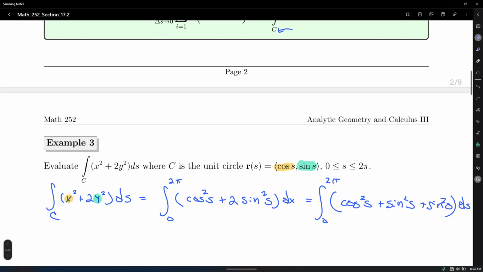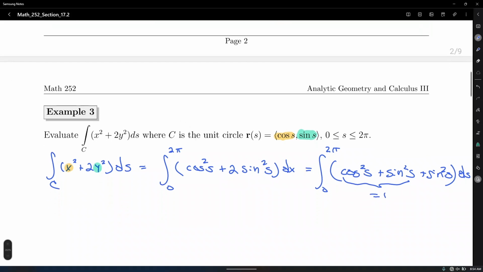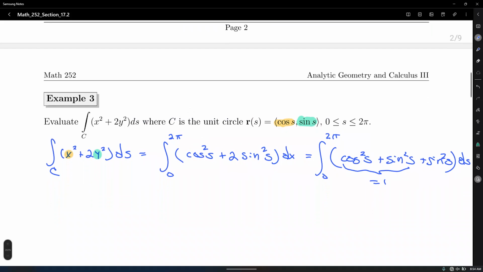Do you agree that 2 sine squared equals sine squared plus sine squared? And what is cosine squared plus sine squared? That equals 1. So that means the integral from 0 to 2 pi of 1 plus sine squared of s ds.